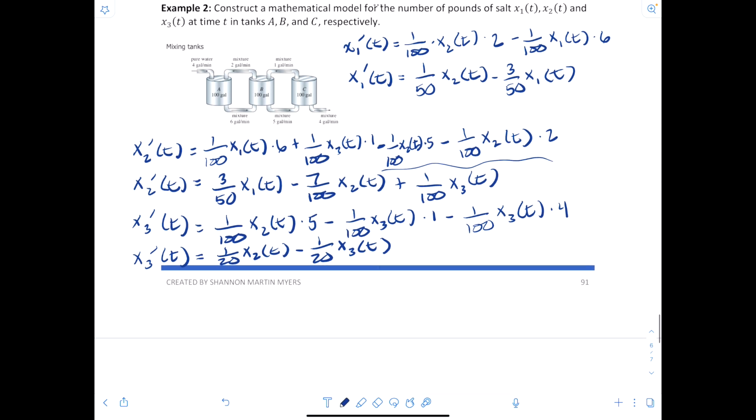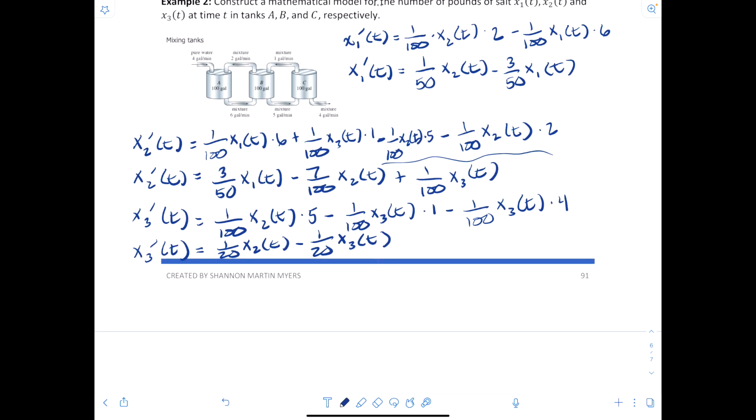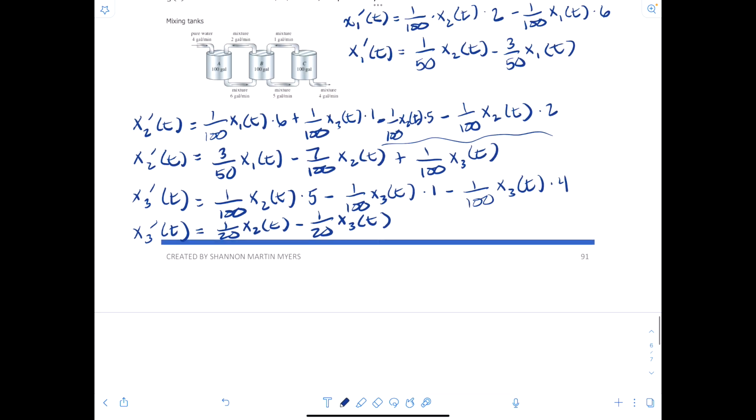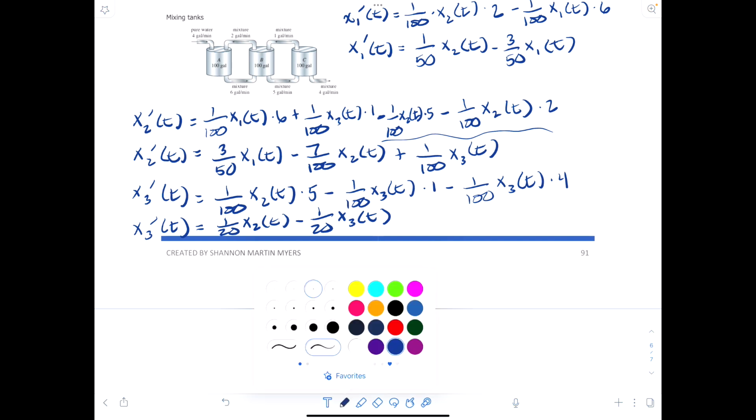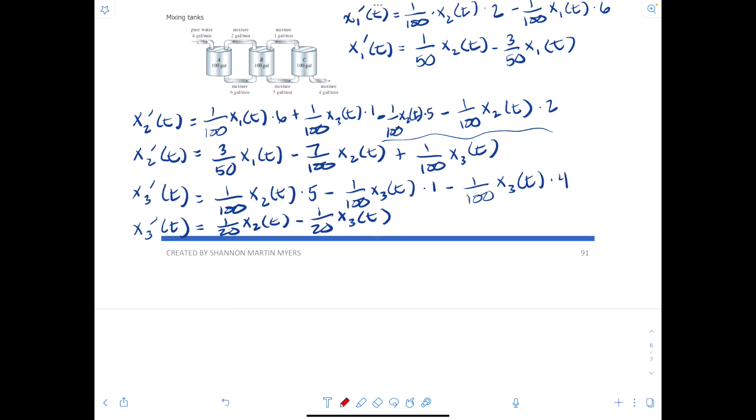And so our system would be the three of them together. It would be this one here, this one here, and this one here would be our simplified system.